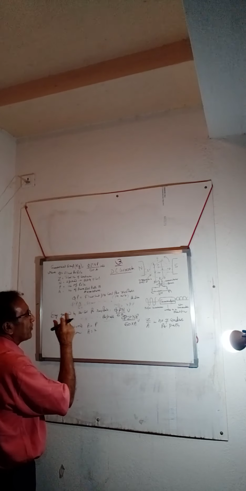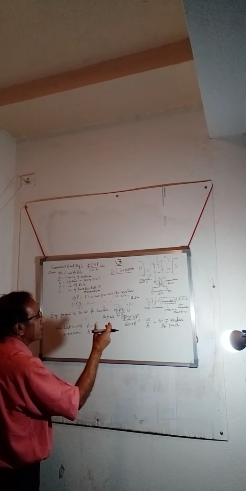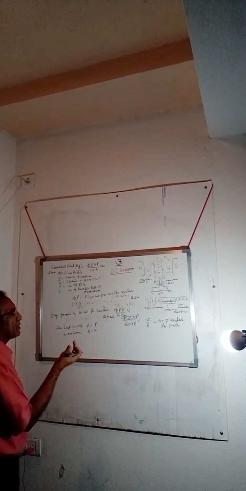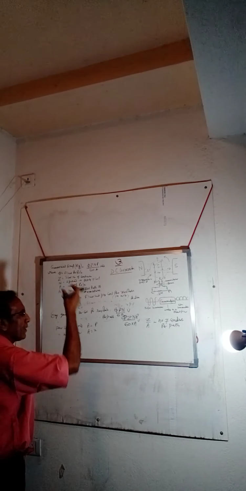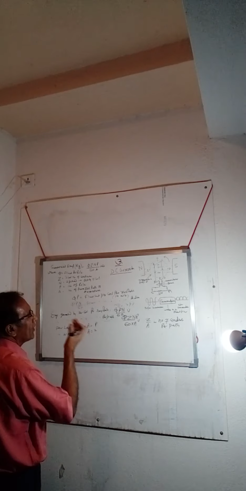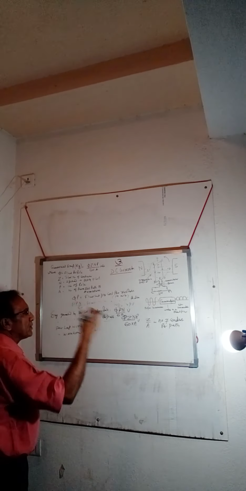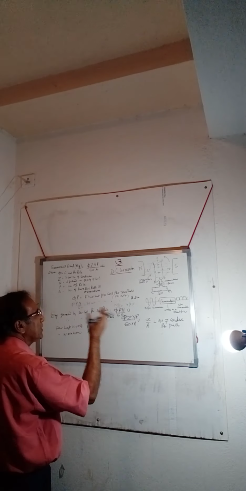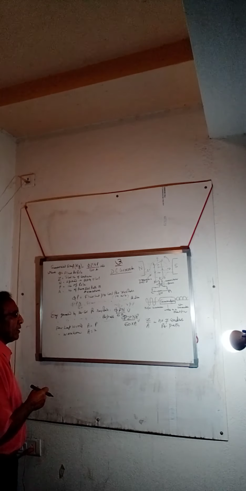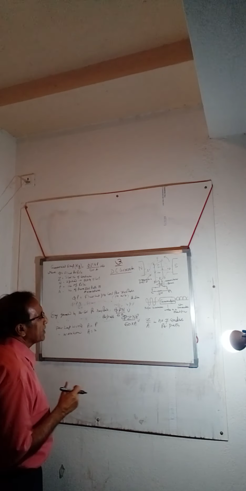When connected in series with the armature, it is a series DC generator. When connected in parallel with the armature, it is called a shunt DC generator. And when connected in both series and parallel, it is called a compound DC generator. So in the next class we will discuss the types of generator.